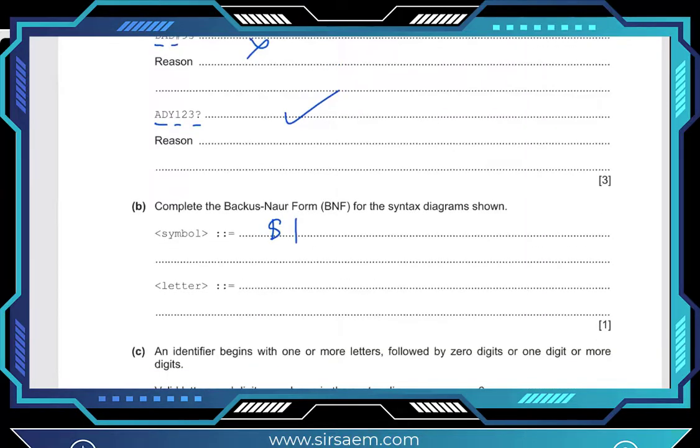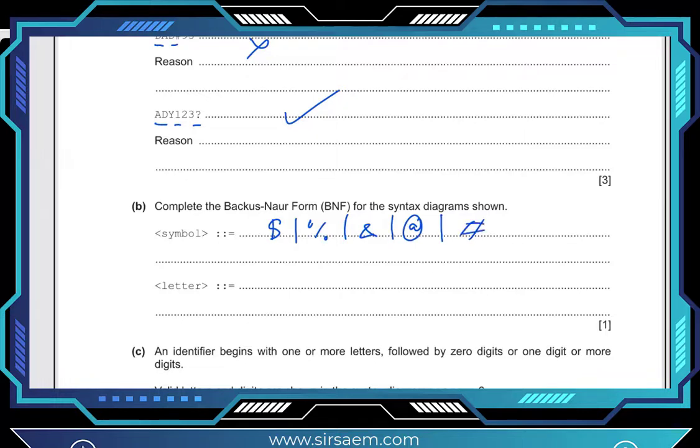We have dollar, percentage, and, at the rate of, or the fact. In case of the symbol, it's A or D or P or R or Y, right?